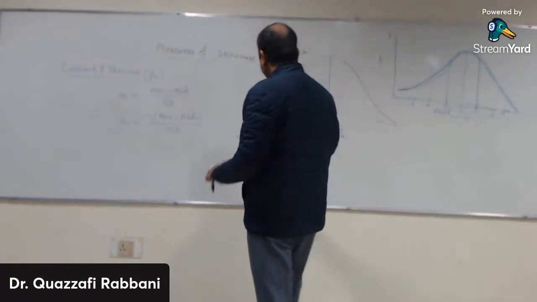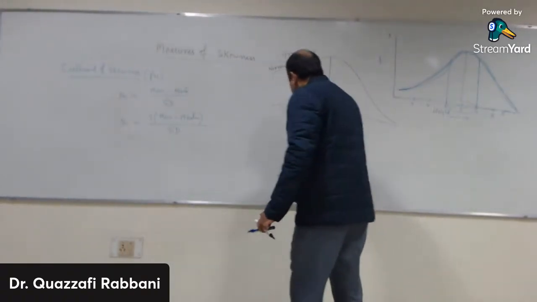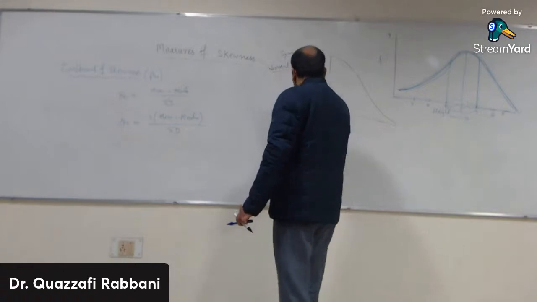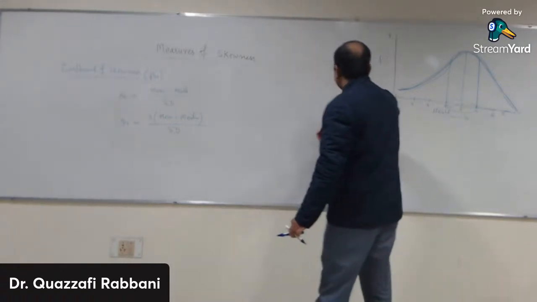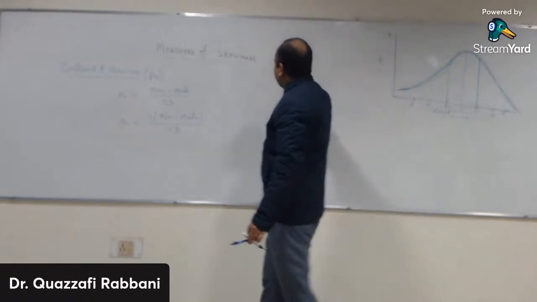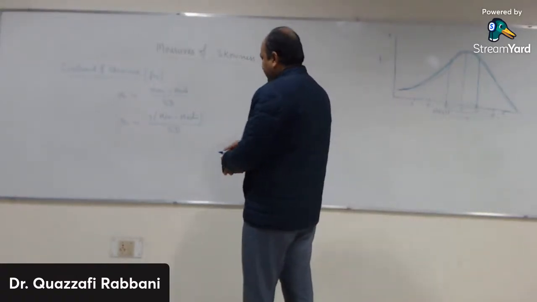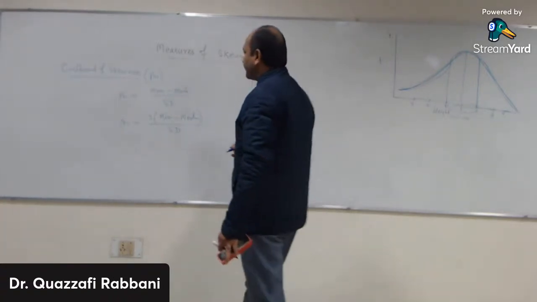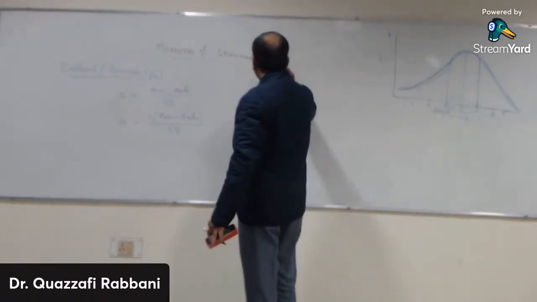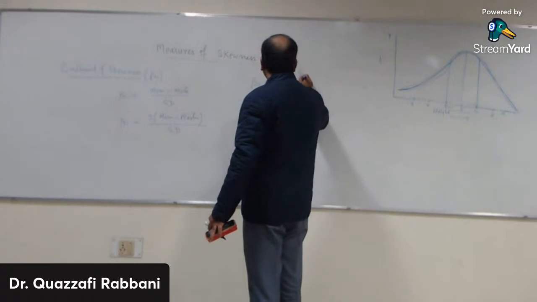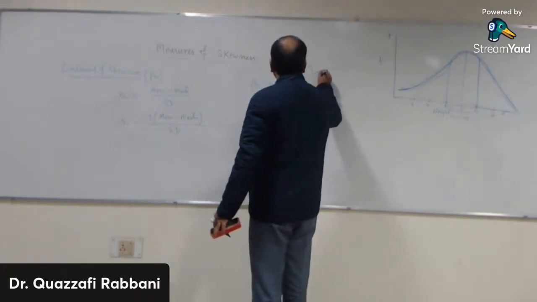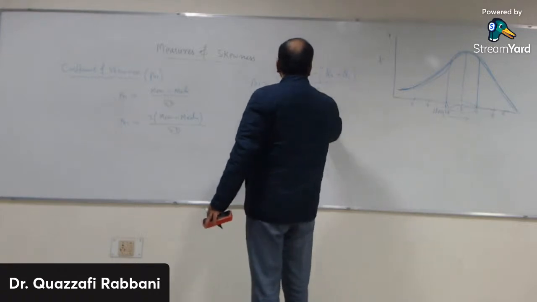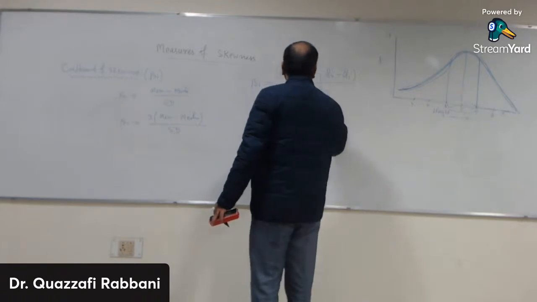If the data are measured on an ordinal scale, or you can say positional average, then you can find beta 1, the coefficient of skewness, by using the formula (Q3 minus Q2) minus (Q2 minus Q1) divided by Q3 minus Q1.